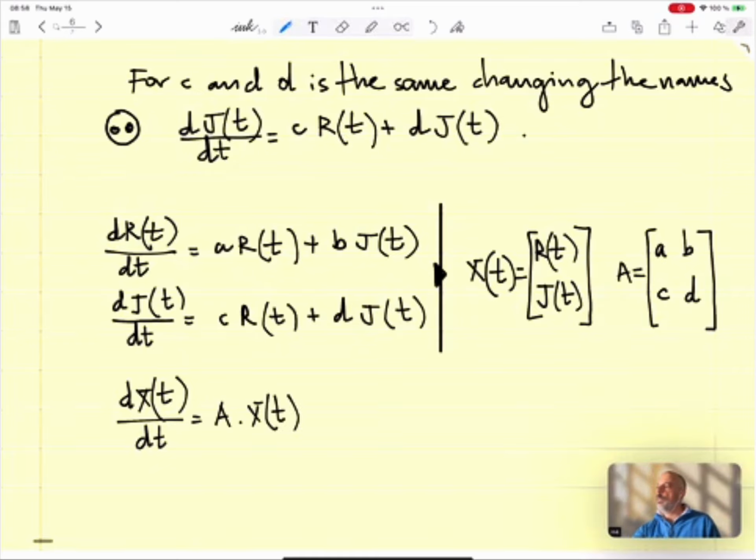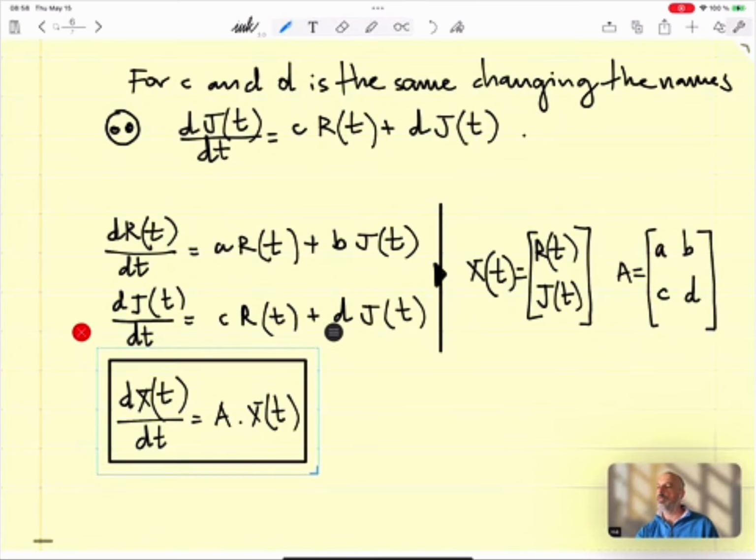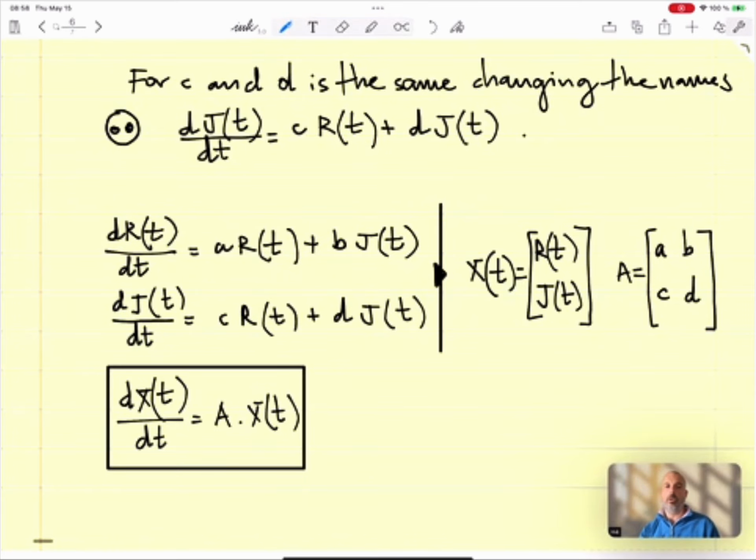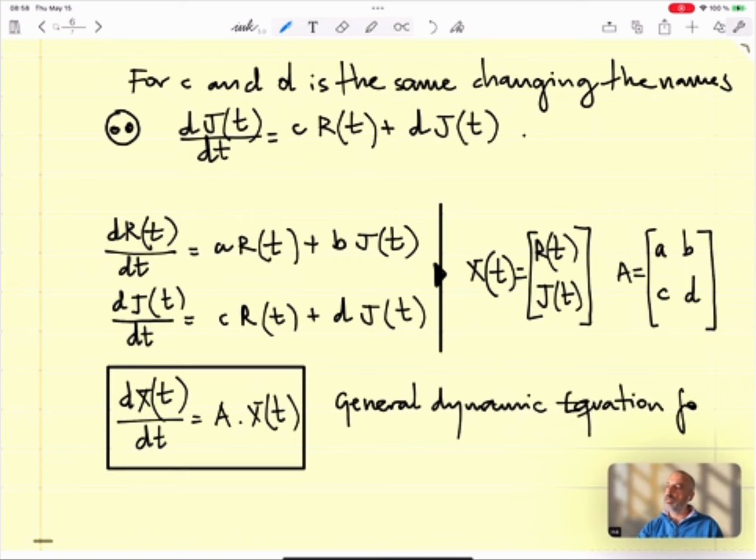Okay, and this is the general equation of the love of Julia and Romeo. So this is the general dynamic equation for two variables interacting.